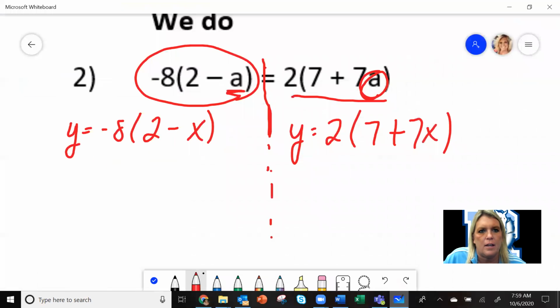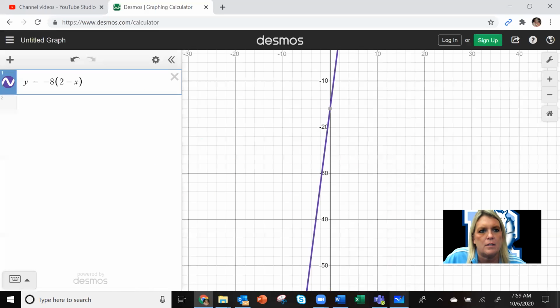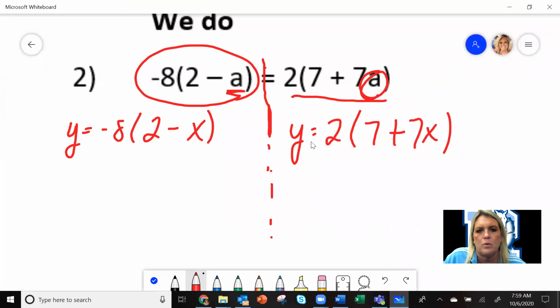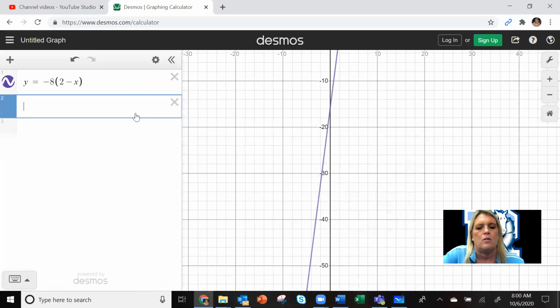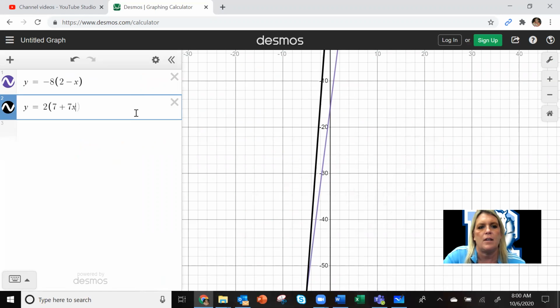Okay, so I think I have it. 8 times 2 minus, yes. So now I'm going to go into the next spot below it and click in it. Let's put the next one right here. 2 times 7 plus 7x. Y equals 2 times 7 plus 7x.